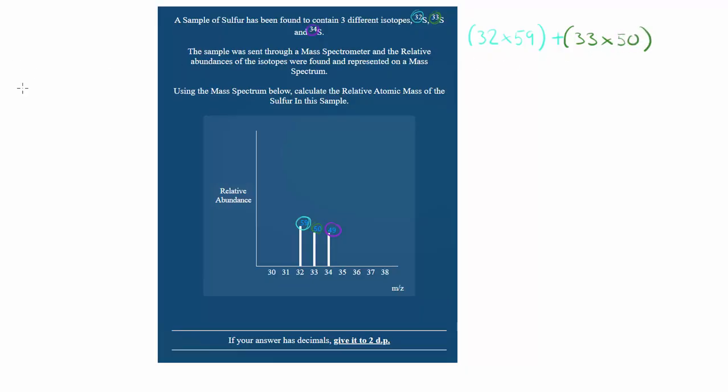And then we've got sulfur 34, so it's going to be 34 multiplied by 49.